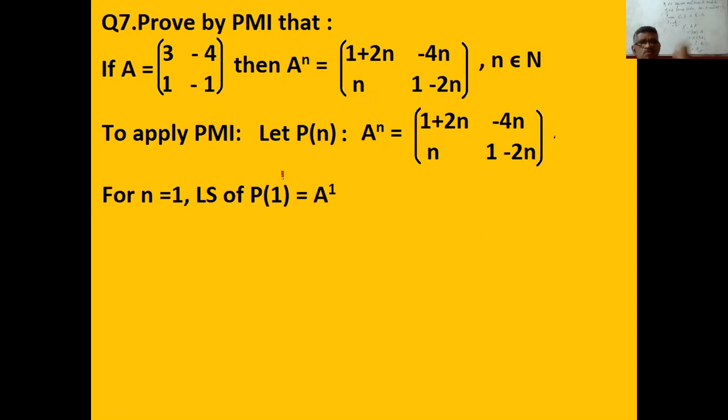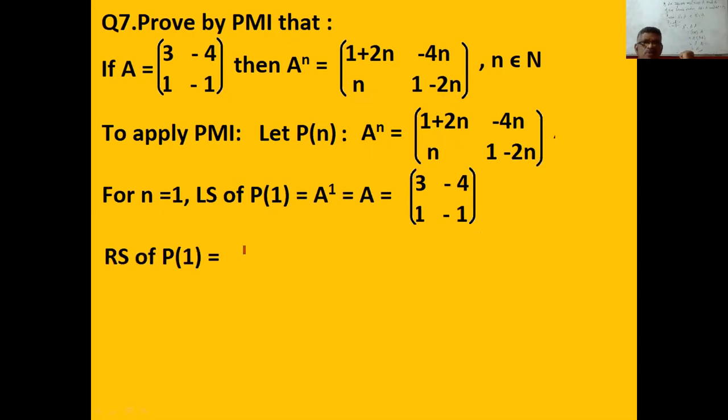Now for n equal to 1, we can show it is true. What is the left side? It is A raised to 1, which is A, that is [3, -4; 1, -1]. What will be the right side? This is the right side and you put n equal to 1.